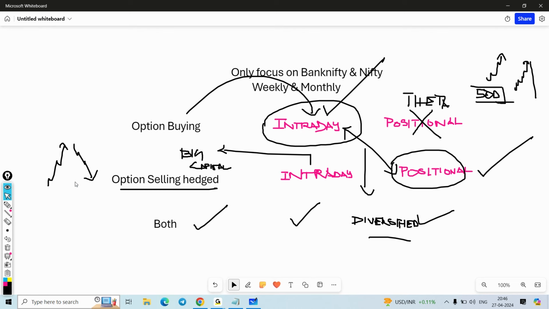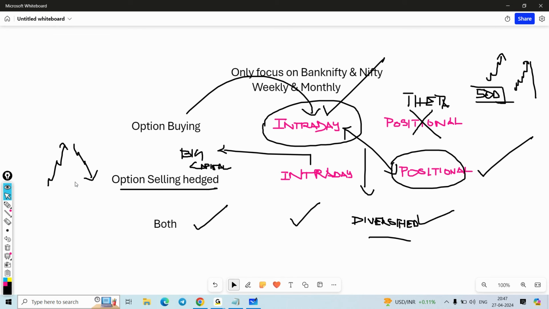Almost every trader messaging in the chat box, except a few, is dependent on only one. So what happens once you are dependent on only one?